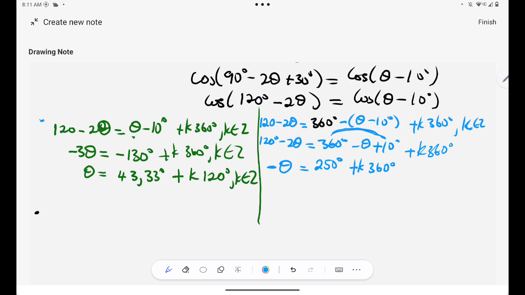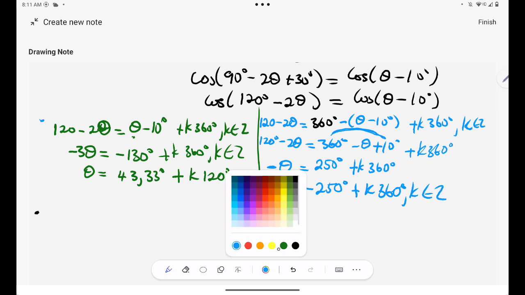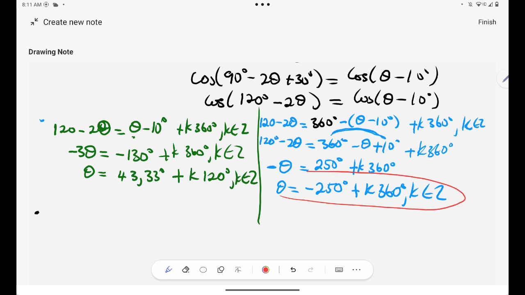Are you together? So I can divide everything by a negative 1. So theta will be just a negative 250. Don't need to change the sign of the period. Are you together? So these are my solutions. This one and this one.